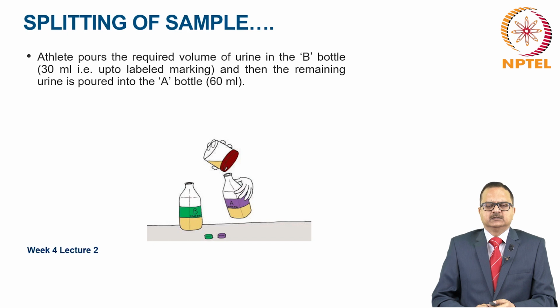All right. So the athlete pours the required volume of urine in the B bottle, that is 30 ml. There is a marking on the bottle, so it's easy for you to identify. And then the remaining urine is poured into the A bottle, but the athlete is asked to preserve at least 1 or 2 ml in the sample collection vessel. The reason I'll come to a bit later.